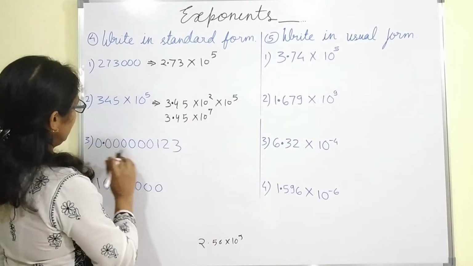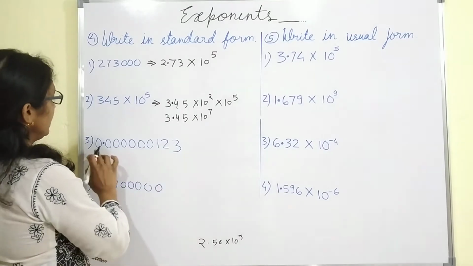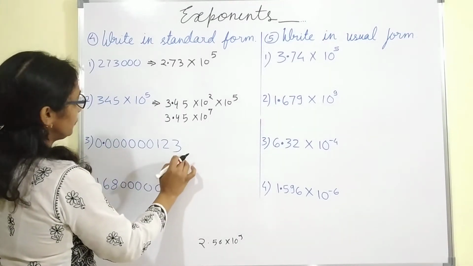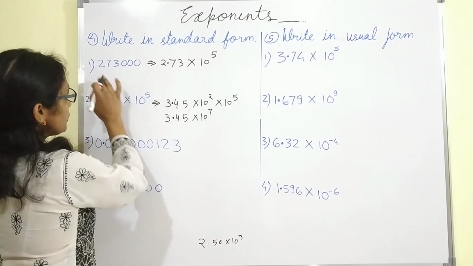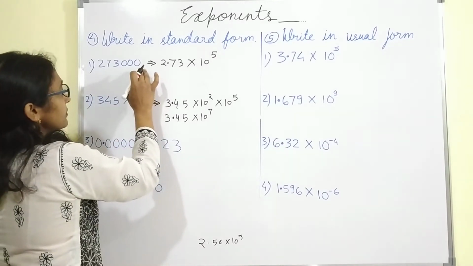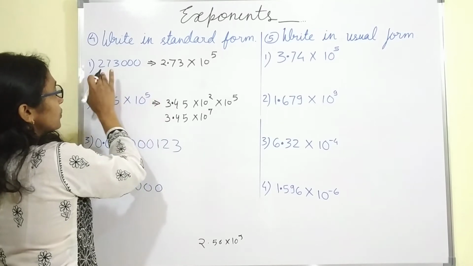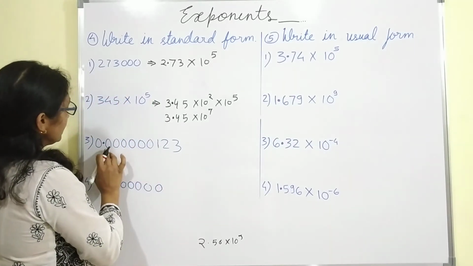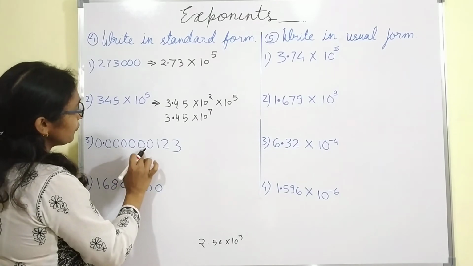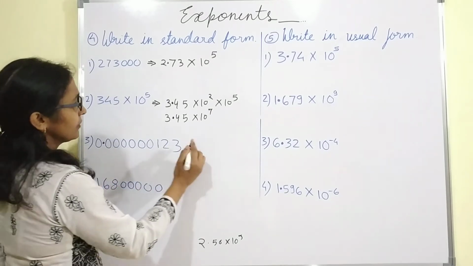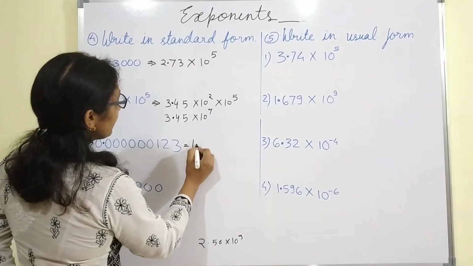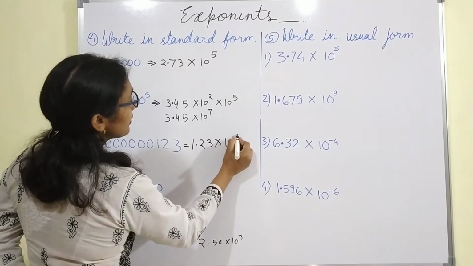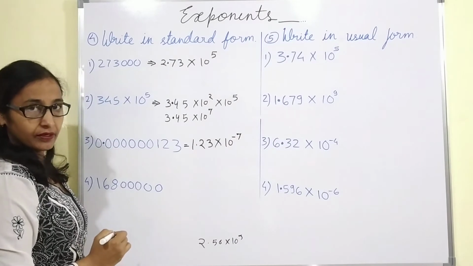So look at this question. 0.0000000123. Now in these two I was counting digits from right to left, and in this I am going left to right. 1, 2, 3, 4, 5, 6, 7. So it will become 1.23 into 10 to the power minus 7.